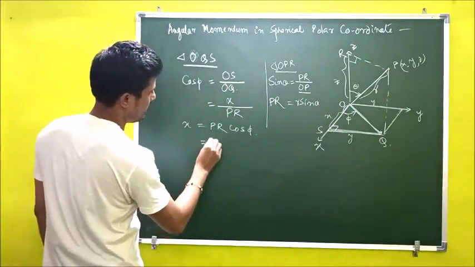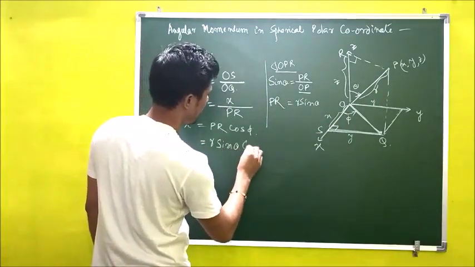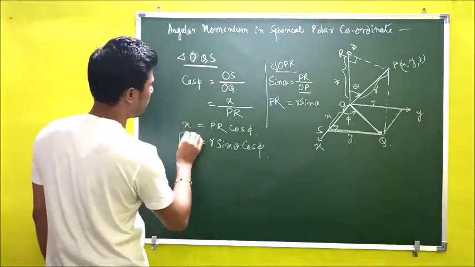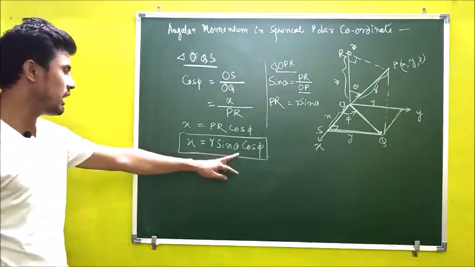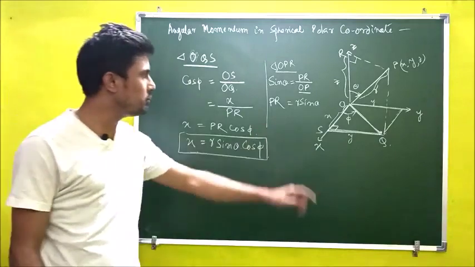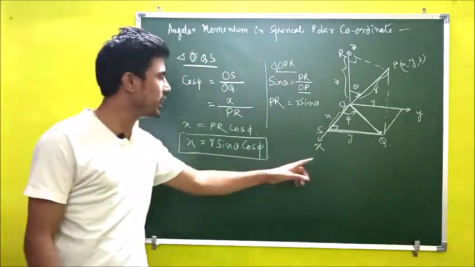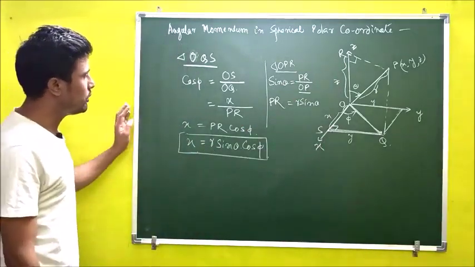So here you can write r sine theta cos of phi. So in polar coordinates, x equals r sine theta cos phi, where theta is the angle made by the point P with the z-axis, and phi is the angle made with the x-axis. Now we'll see the y-axis.